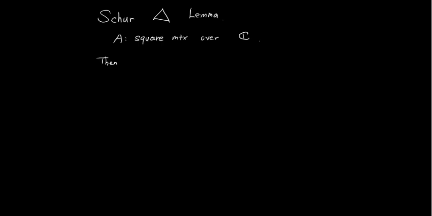Then this lemma tells us that there exists a unitary matrix, we call that Q, such that Q inverse AQ is equal to T. It is an upper triangular matrix.